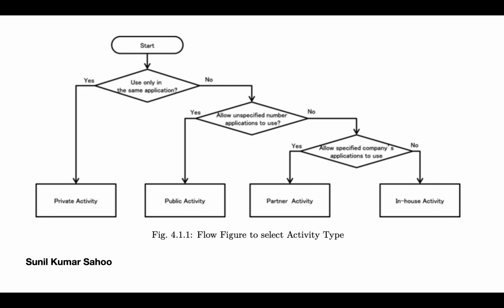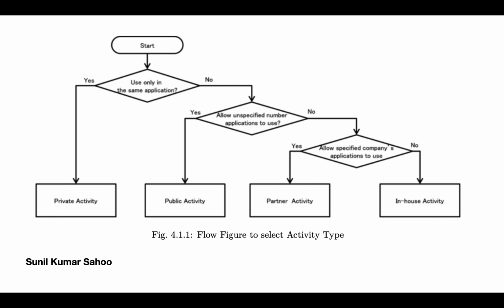If yes, the first category is private activity, the leftmost part. If no, then whether we are allowing an unspecified number of applications to use it, means any application can use it.